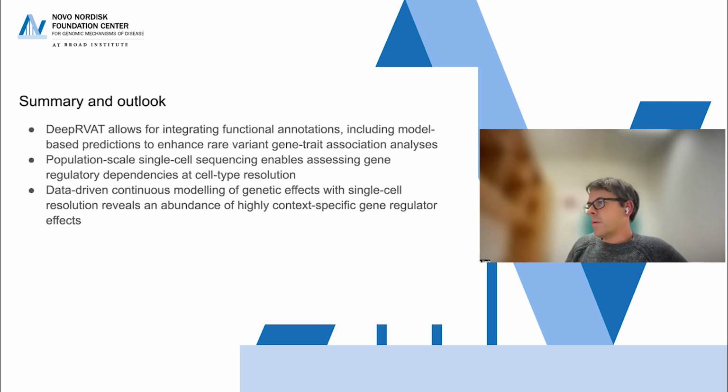Yeah, and this is essentially the main bit I want to talk to you about today. I showed you this deep RVAT integration approach for leveraging functional annotations, and I think it's a nice tool for bridging in the whole world of GWAS, predictive models, methods that are now, with increasing accuracy, able to predict functional effects of variants on splicing, gene expression as a whole, missense or otherwise, but still leveraging them in a GWAS setting, and in particular also overcoming some of the circularity that's often associated with end-to-end deep learning methods.